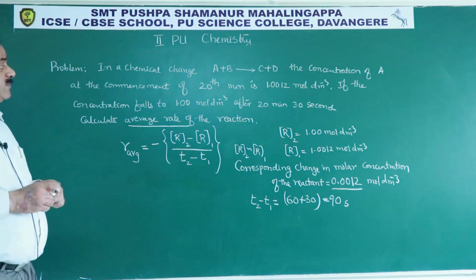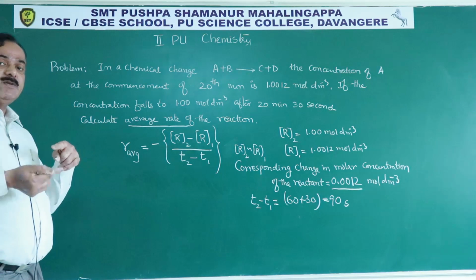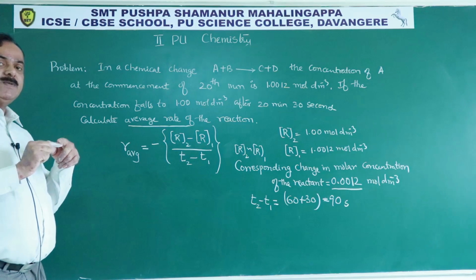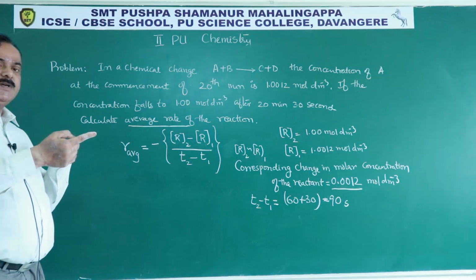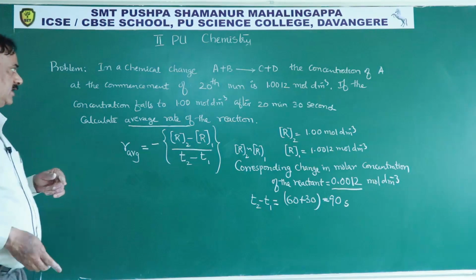After the 19th minute is over, the 20th minute starts. Completion of the 20th minute is 60 seconds, then 30 seconds extra, that is 90 seconds.